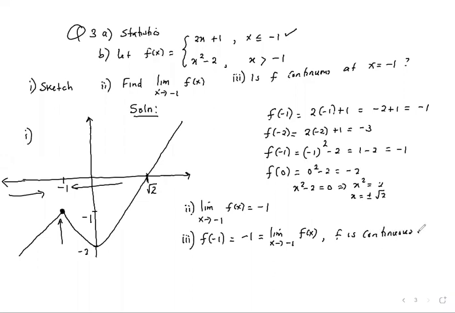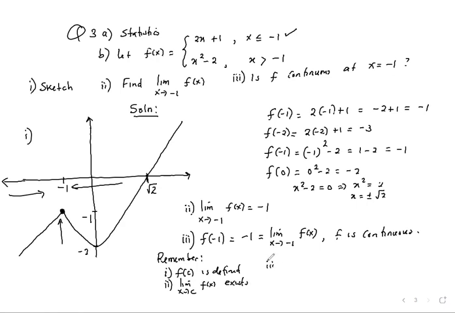Remember, for continuity, what do we need to know? We are checking one, if f of c is defined. Two, if the limit as x goes to c of f exists.